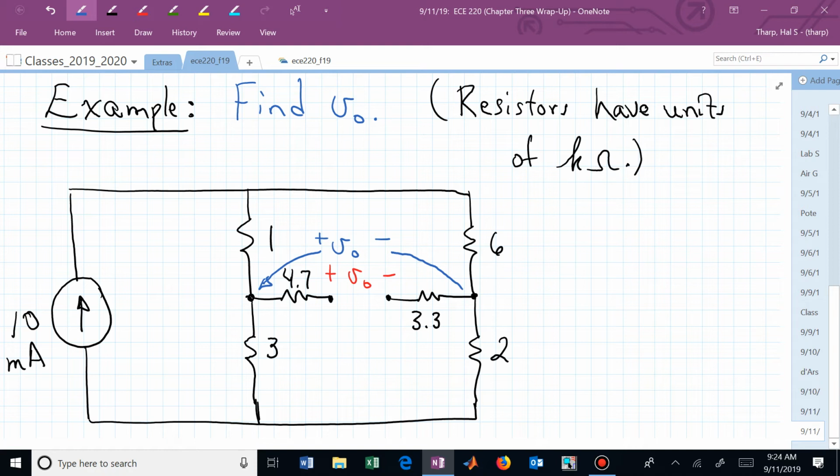There's no current flowing through that. So if it was balanced, we could immediately say V sub 0 is 0. So our thought process is, is this really a balanced interconnection of resistors? If it is, this will be a quick problem. So here's our thinking.